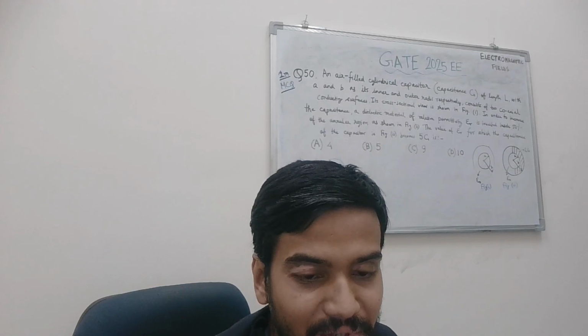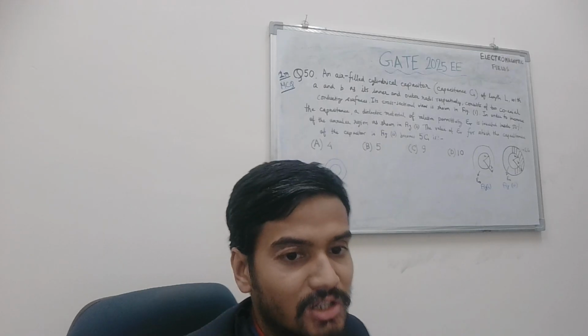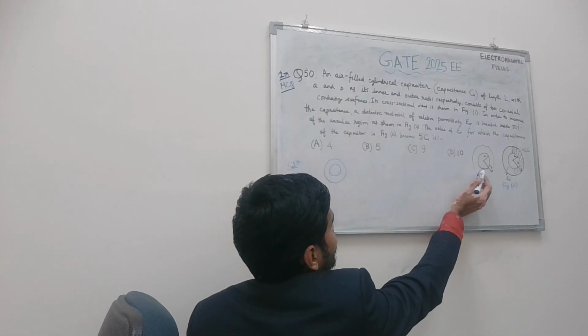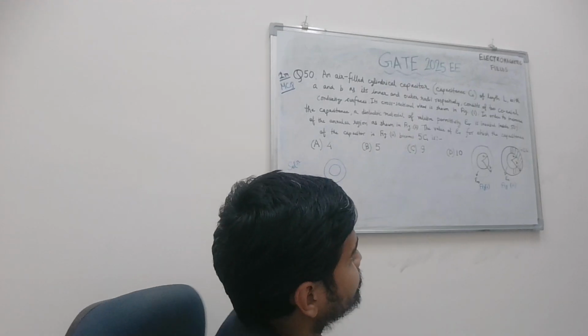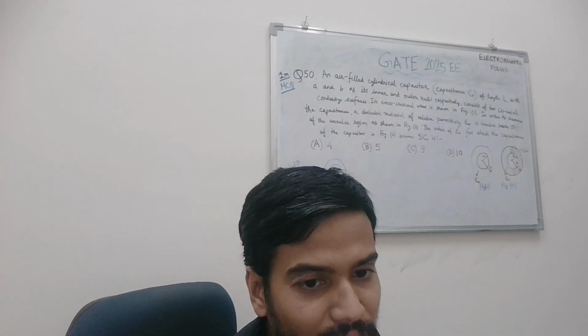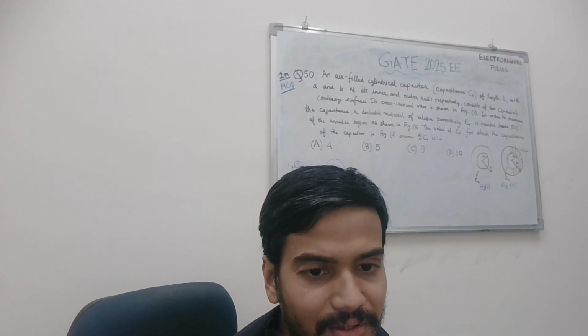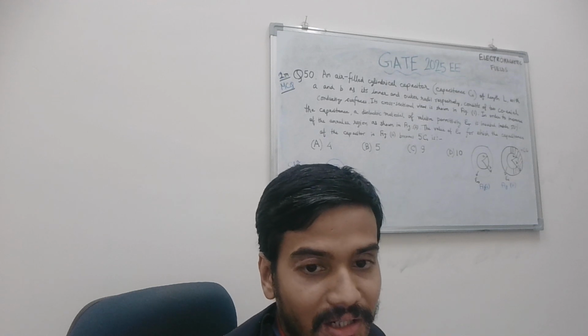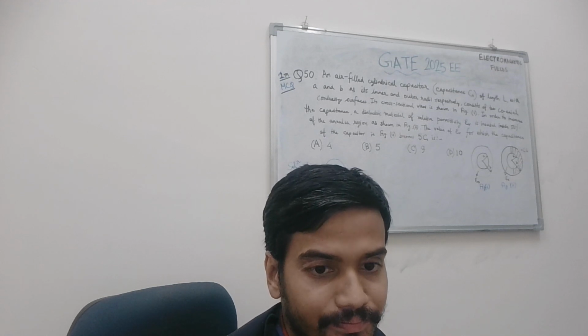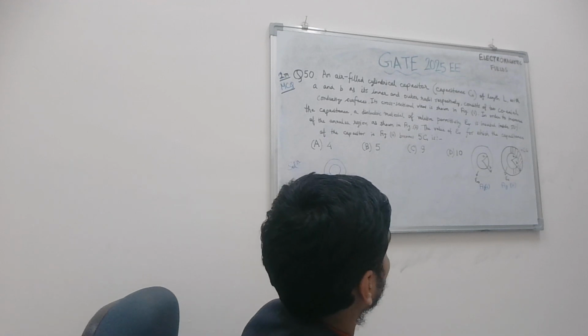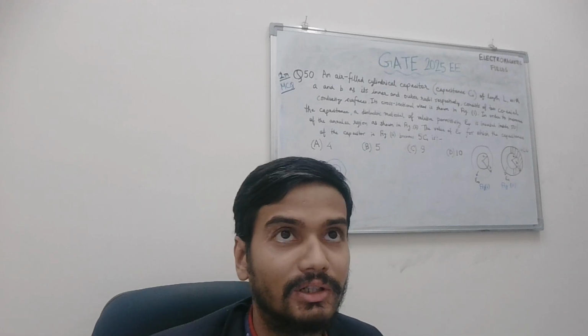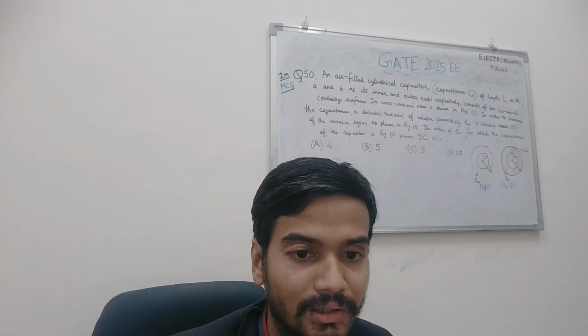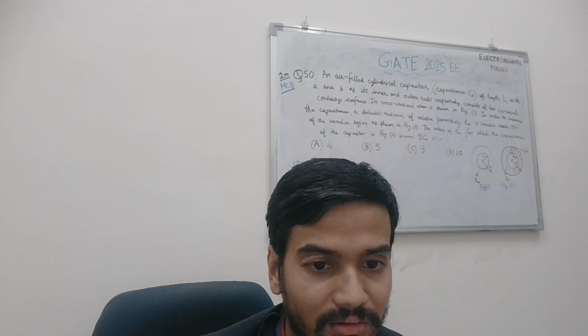The capacitance, as we all know, is a function of this area. It is a function of epsilon A by D for the parallel plate capacitors, but in the cylindrical capacitors, it is directly proportional to the area, right?